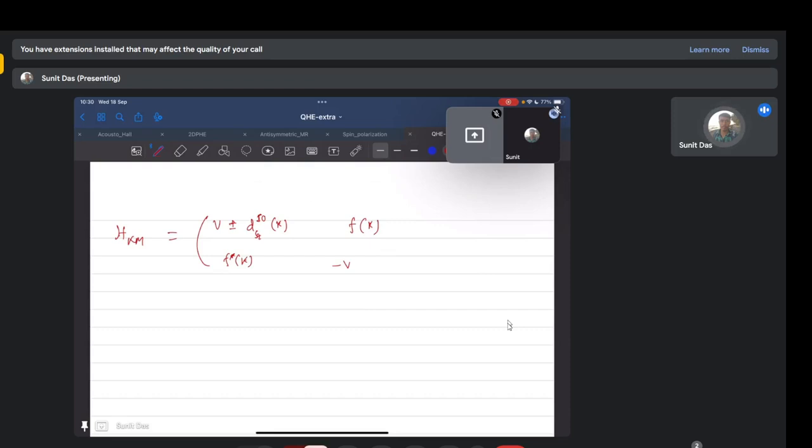I am simply taking for the A sublattice the on-site potential is V, and for the B sublattice it is minus V, and then minus plus d_so sz of k.